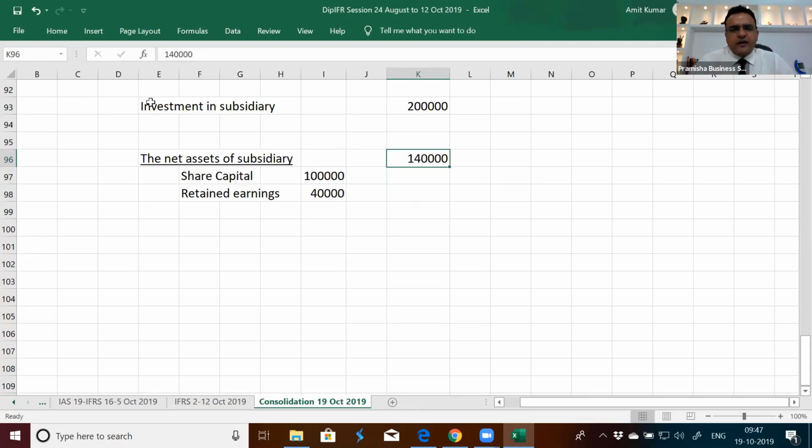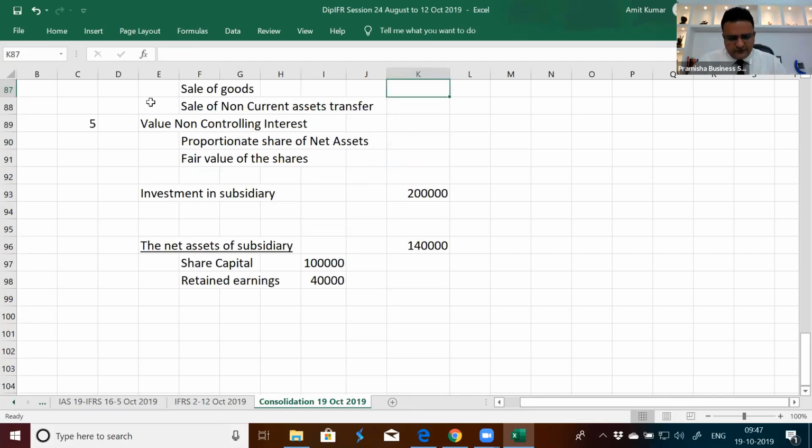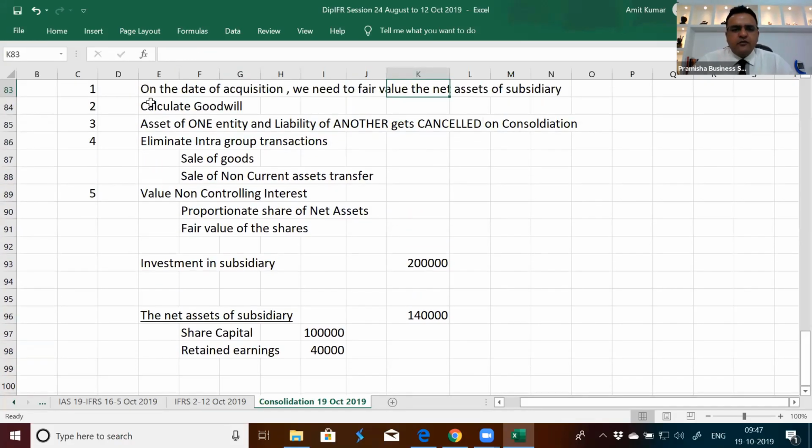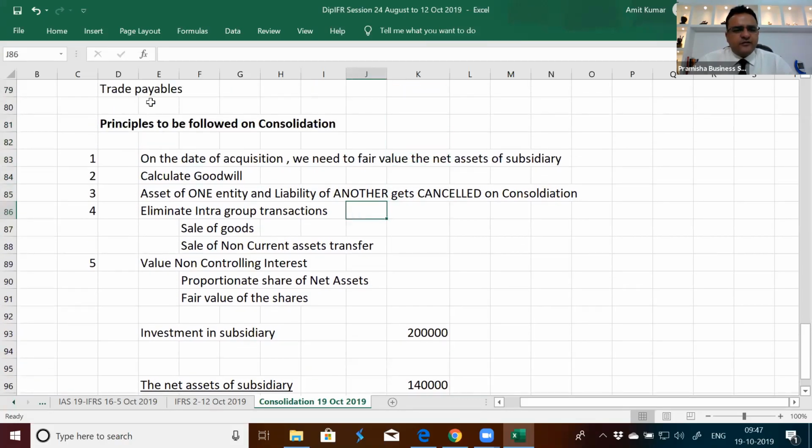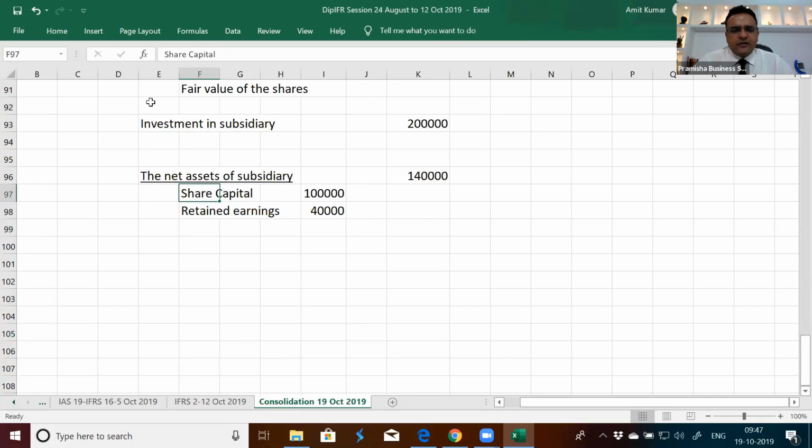Why would someone pay more? And another requirement is fair value of net assets. If you noticed, we need to do some fair value adjustments. We need to fair value the net assets of the subsidiary. On fair value adjustment, we got to know that land was higher by 20,000.